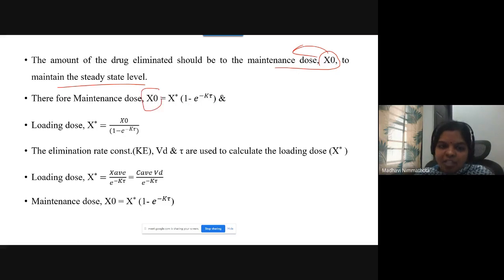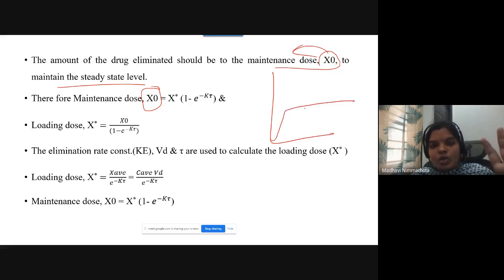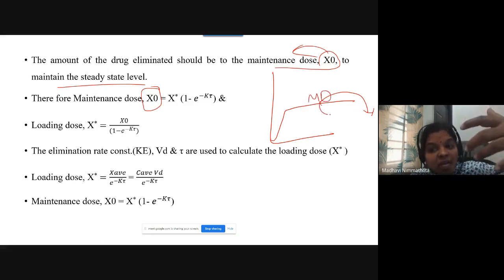So here X naught is the maintenance dose. Our drug is eliminating out, so which parameter is involved here? Our maintenance dose is involved. Our maintenance dose is nothing but our X naught at the steady state level.